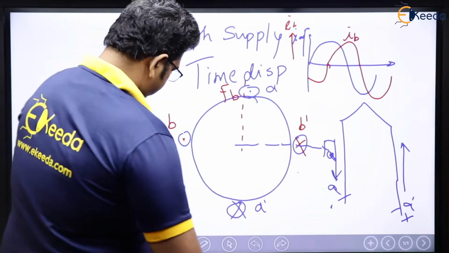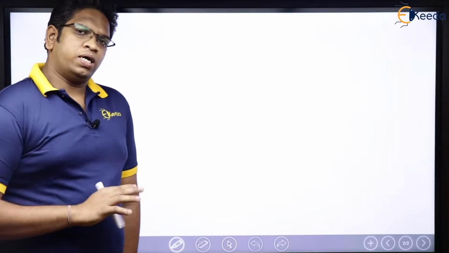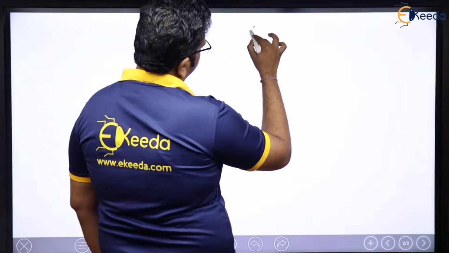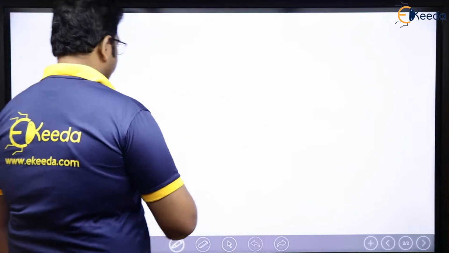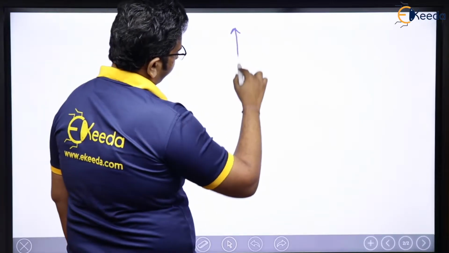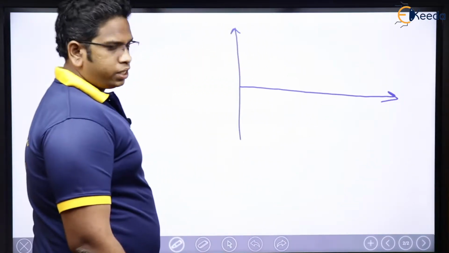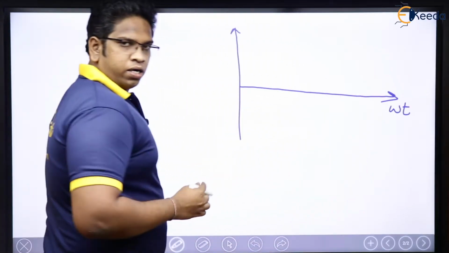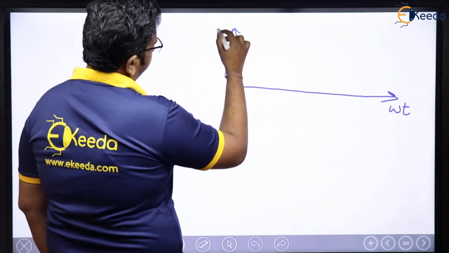See, let us firstly understand three-phase supply in a short time. Let us see. For example, this axis, x-axis, let us say omega t, and with this blue, I am indicating, let us say, current IA.